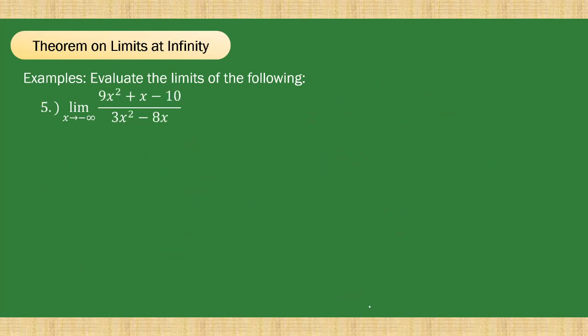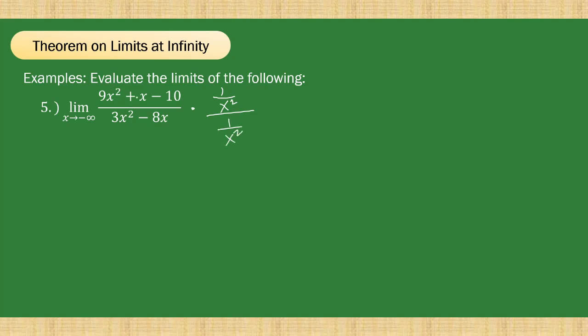For the fifth example naman, meron tayong 9x squared plus x minus 10 all over 3x squared minus 8x, and we will get its limit as x approaches negative infinity. Tulad nung ginawa natin kanina sa example 4, kailangan may maging result na naka-fraction, kaya ang imumultiply natin dito ay 1 over the highest exponent among all the terms, which is x squared. 1 over x squared.